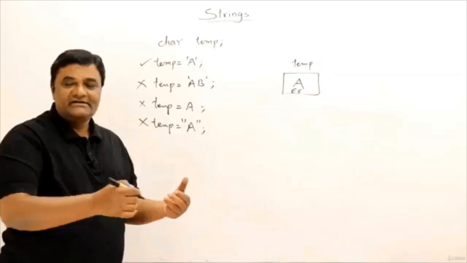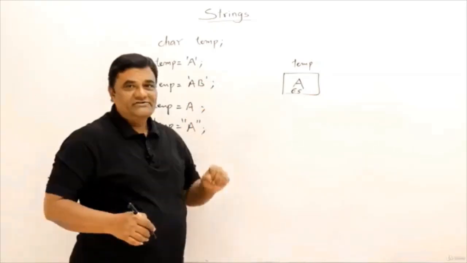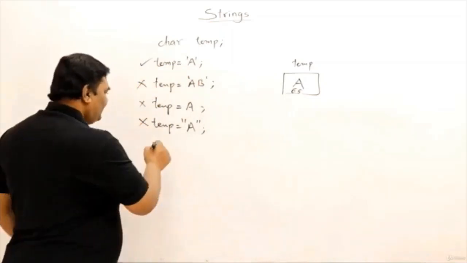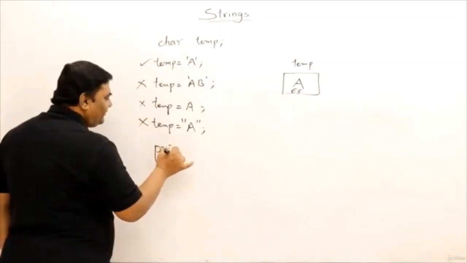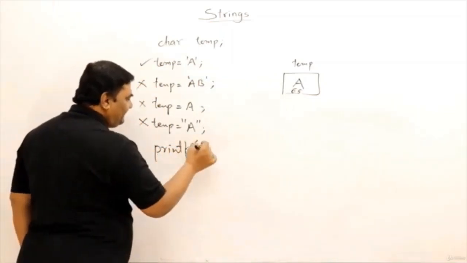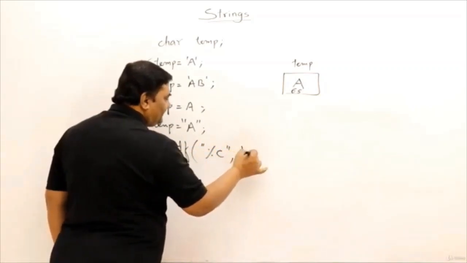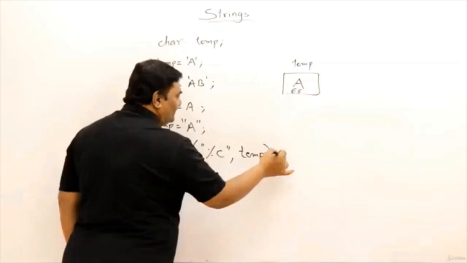A is not represented in computer memory. 65 is stored. Then next, how to print this alphabet? I can use printf for printing that alphabet: printf percent C and temp, that variable name temp.